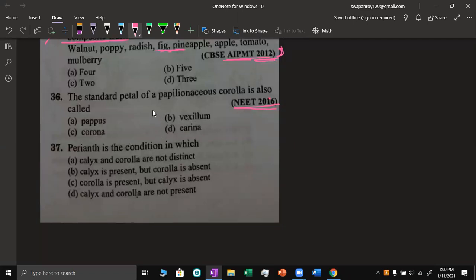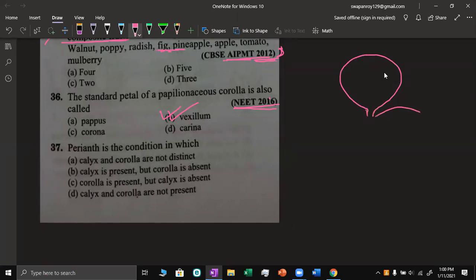Do you know the answer? Vexillum. Yes, in the pea flower, that is the papilionaceous flower, the posterior petal is the largest one.